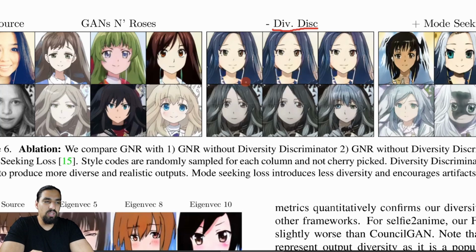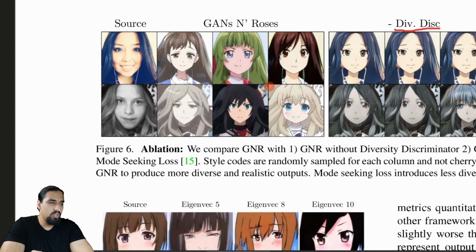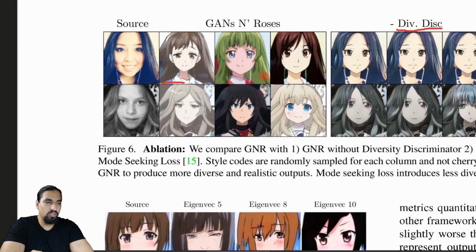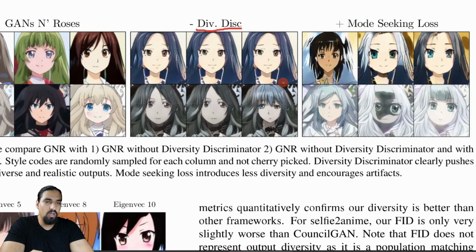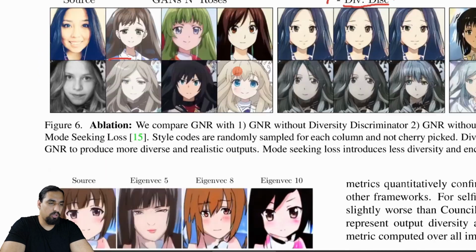But as we can see, they are pretty much the same. Here, when we include the branch, we actually get really diverse outputs. And then from some other paper, they tried this mode seeking loss, and they gained just a bunch of artifacts, so they just stuck with this diversity discriminator component.